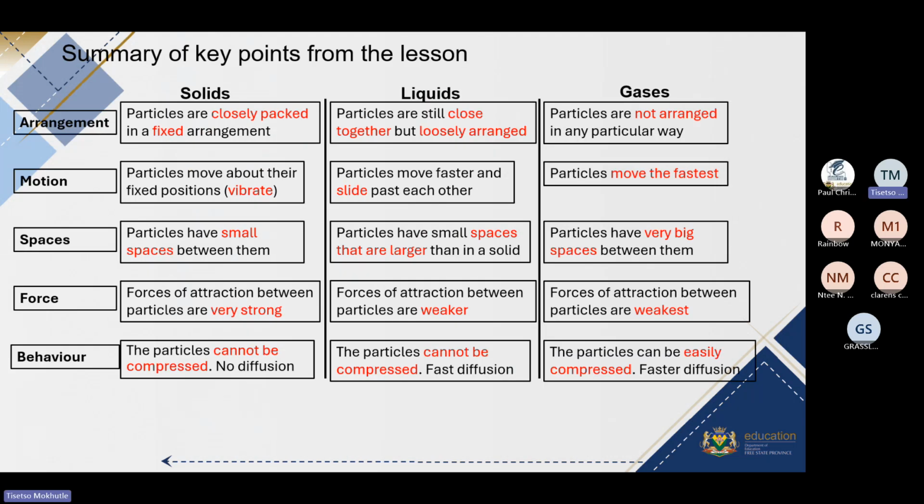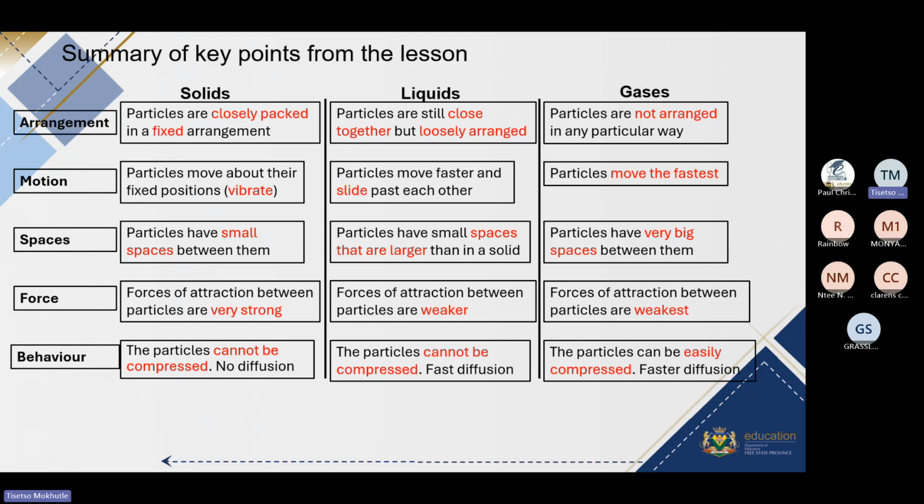Now, learners, it's very important that we know this table, because I've spoken about the arrangement of the particles. How are they arranged in a solid? How are they arranged in the liquid? How are they arranged in gases?